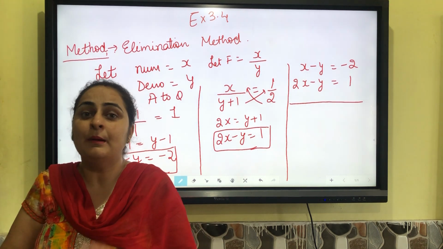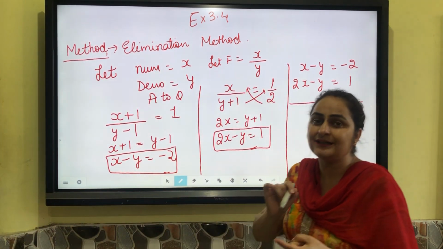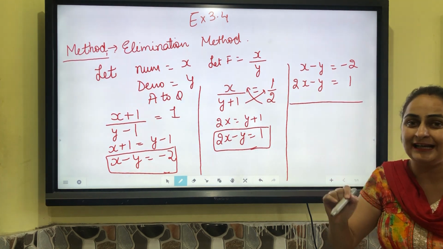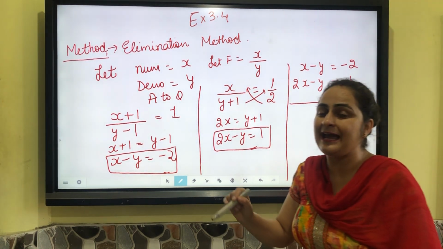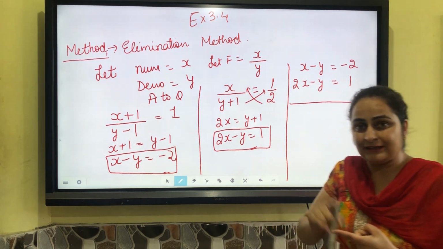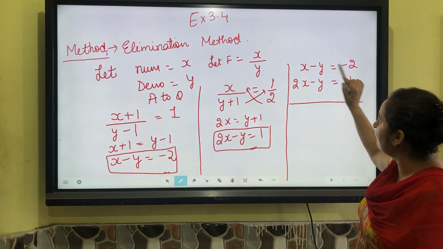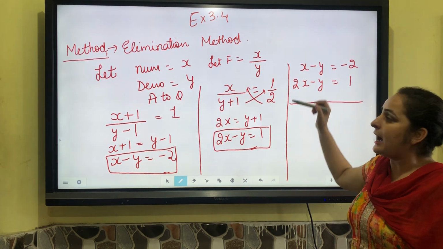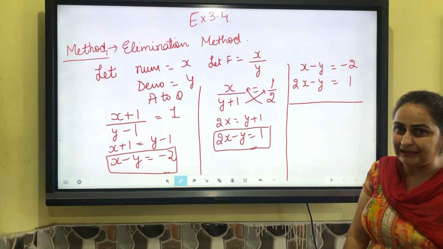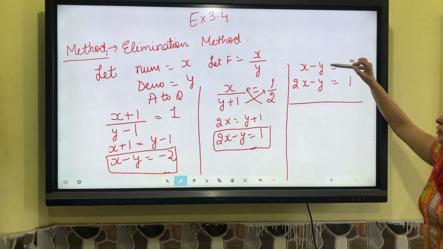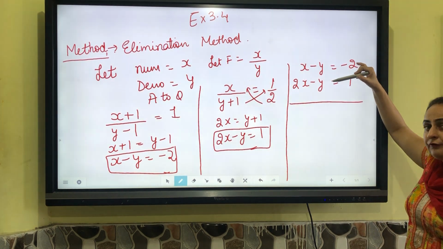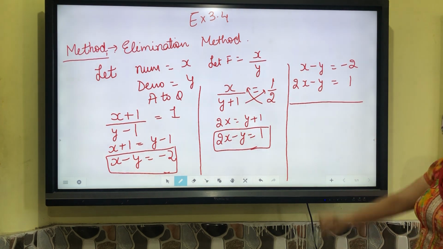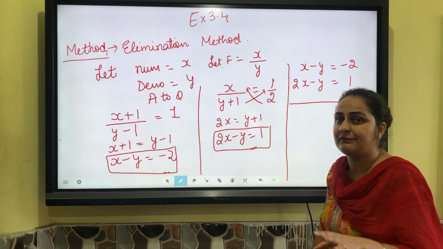But if coefficients are not equal, then we need to multiply by some number, for example, equation 1 by 2 and equation 2 by 1. But since I want to make the coefficient of y equal, and the coefficients are already equal, there is no need to multiply.